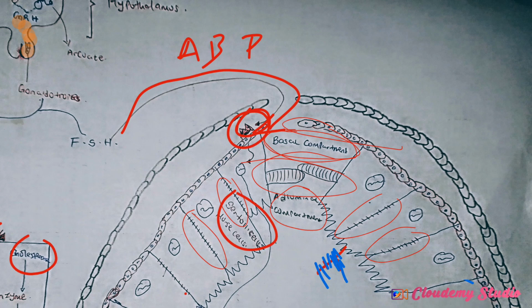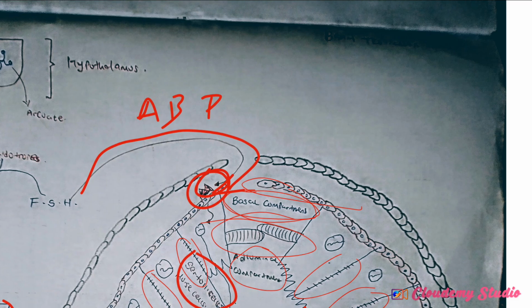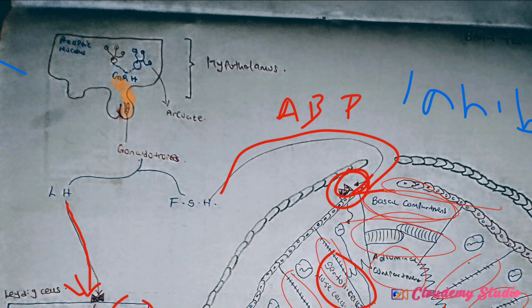They call it inhibin. Let me write it here. Now, what inhibin does is that it goes into the blood and is then transmitted into the hypothalamus. Once it has entered the hypothalamus, it reduces or inhibits the production of GnRH, that is gonadotropin releasing hormone.